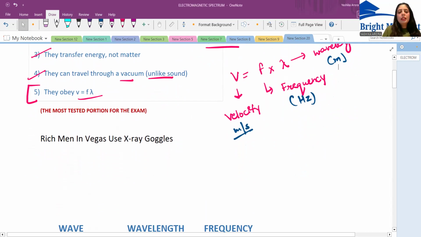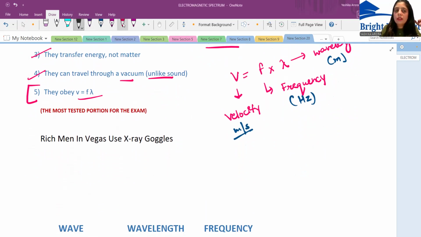The next part is actually the most important thing for your IGCSEs and GCSEs: the order of the waves. I'll start with the statement: Rich Men In Vegas Use X-ray Goggles. From Rich, we have radio waves.